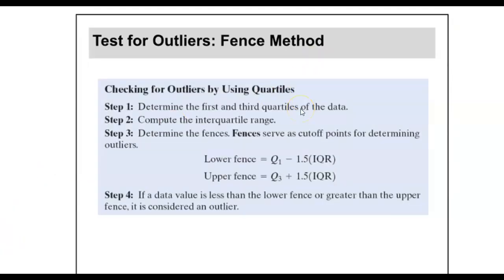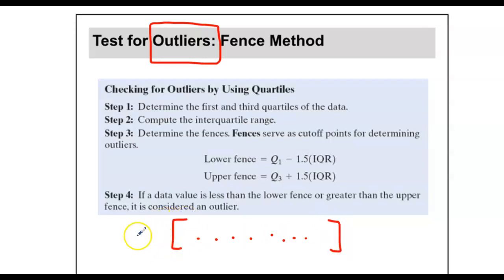And then in order to test for outliers, I know that many students come in thinking that outliers are easy to spot. You just say, oh, that one is far away. However, an outlier needs to be tested for. And the easiest test for outliers is called the fence method. We calculate an upper fence and a lower fence. So here is all the data lined up in a row, and we calculate an upper fence and a lower fence for that data.